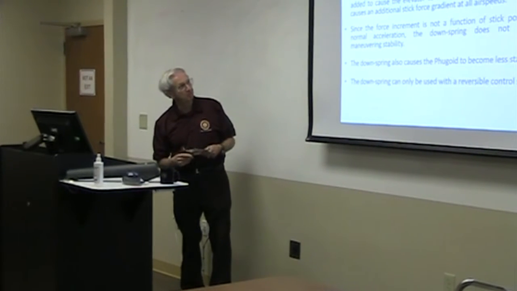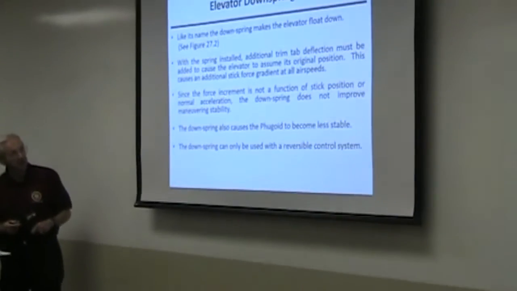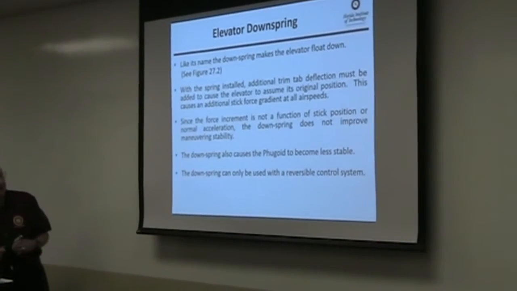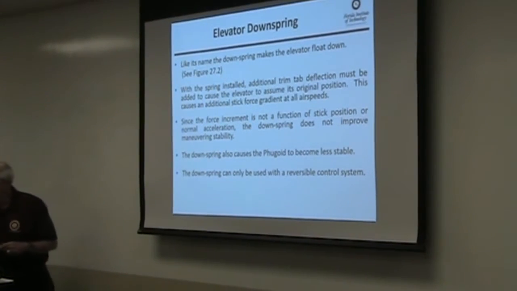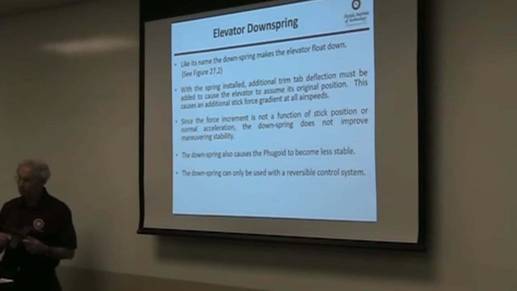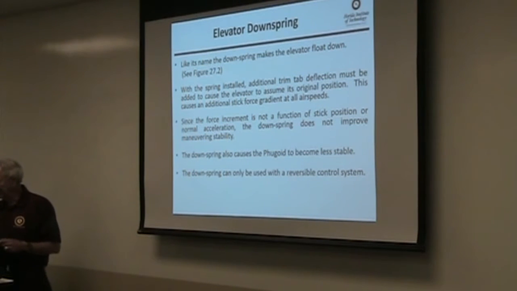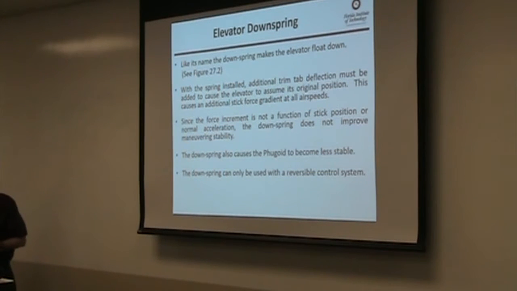So that second bullet there says, with the spring installed, additional trim tab deflection must be added to cause the elevator to assume its original trim position. And that causes a stick force gradient then at all airspeeds, okay?